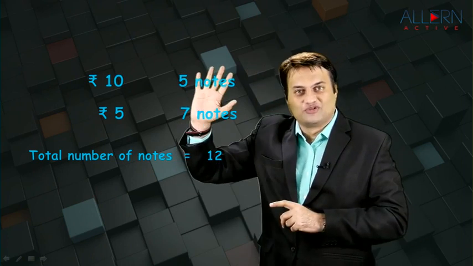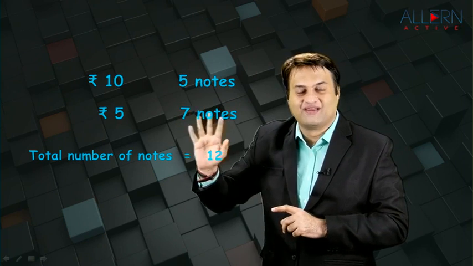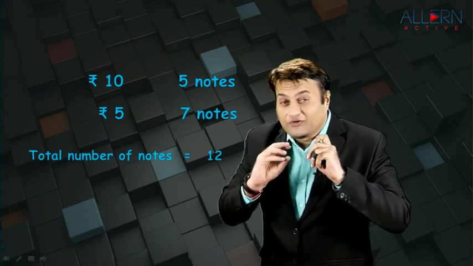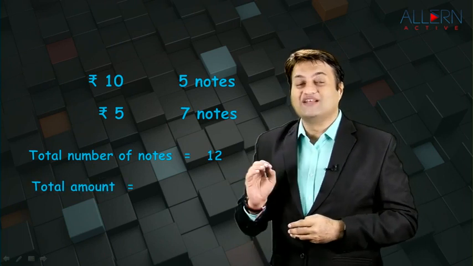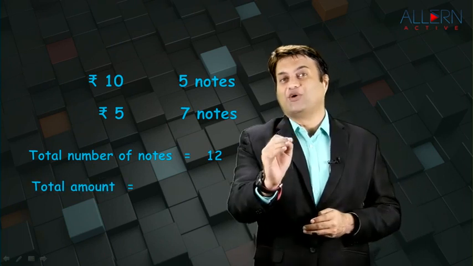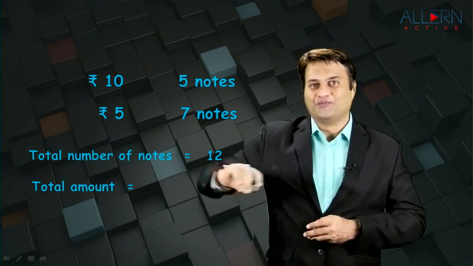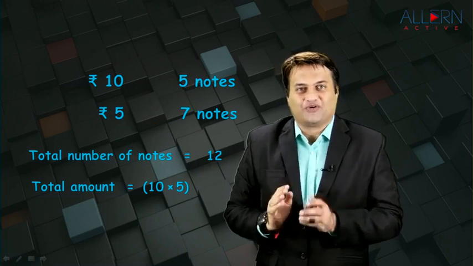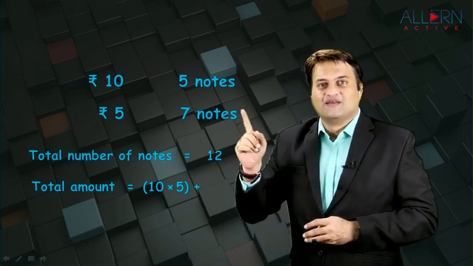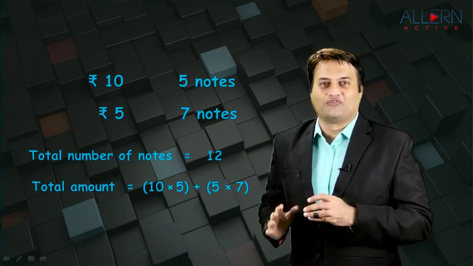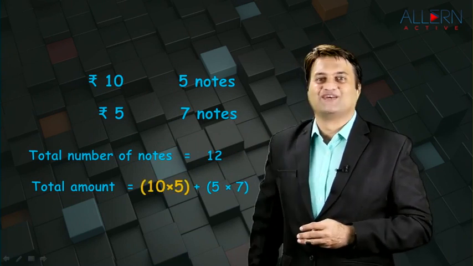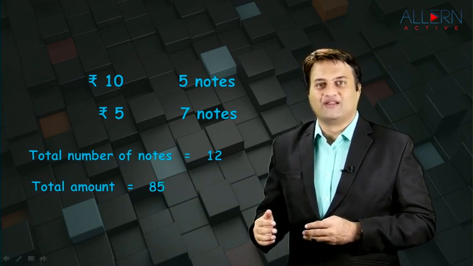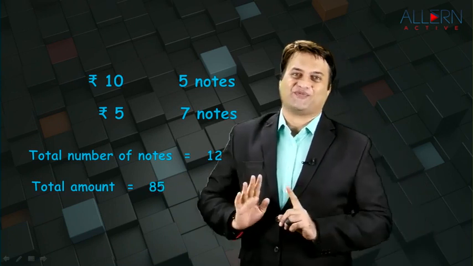Now if the question is, what is the total amount that you have, then what will you do? 5 notes of 10 rupees, so total 10 into 5, that is 50 rupees. 7 notes of 5 rupees, so total 5 into 7, that is 35 rupees. So total amount that you have is 50 plus 35, that is 85 rupees.